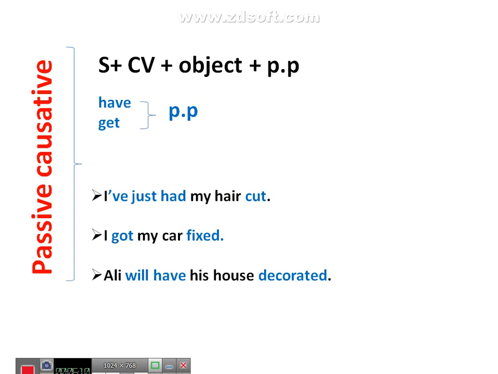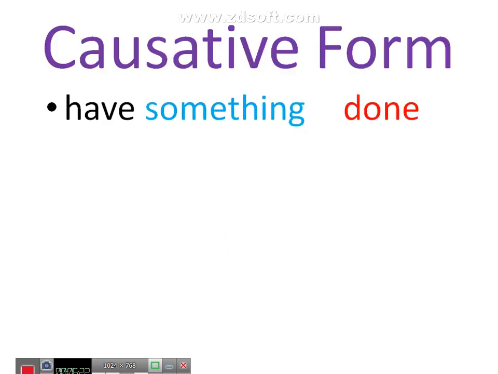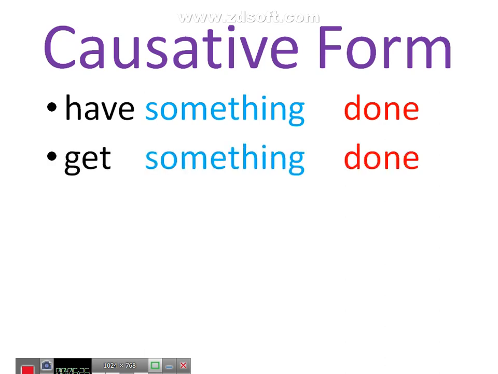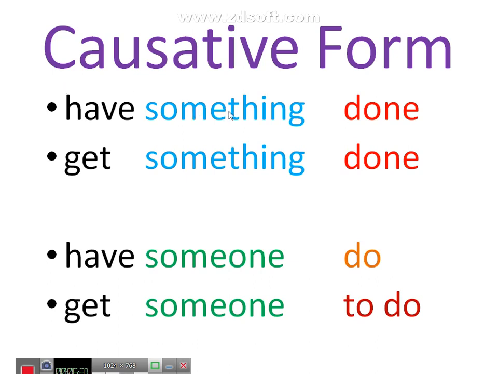Ali will have his house decorated. Will have is the causative verb, his house is the object, decorated is the past participle. So the brief of this rule is: have something done, get something done, have someone do, get someone to do.